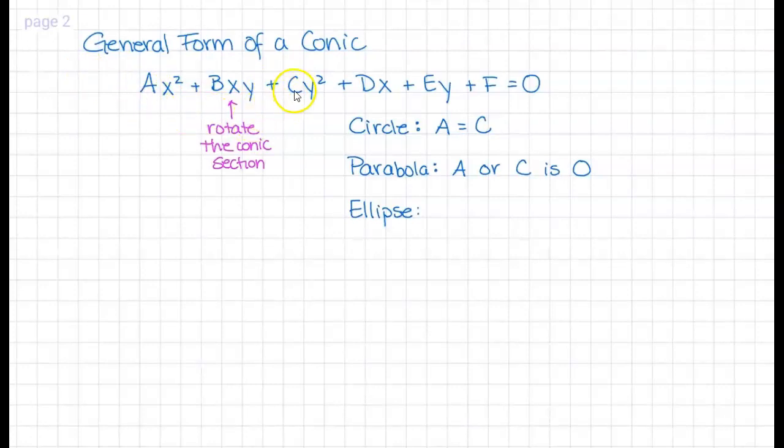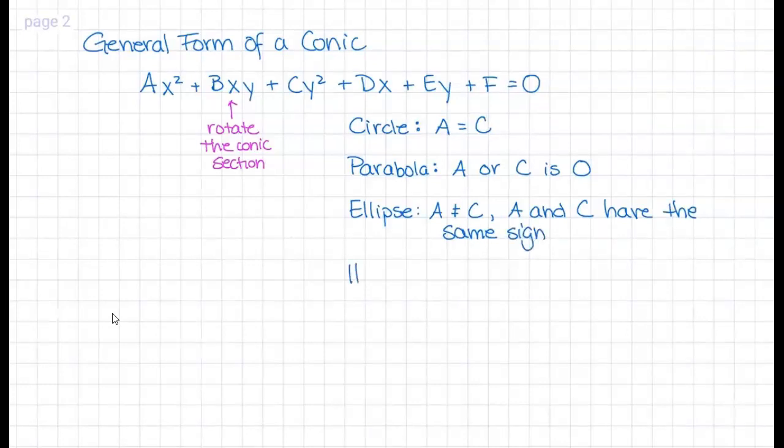So A and C have to be the same sign to be an ellipse, but they can't be equal. So A is not equal to C, and A and C have the same sign. And then finally a hyperbola, A and C have different signs.